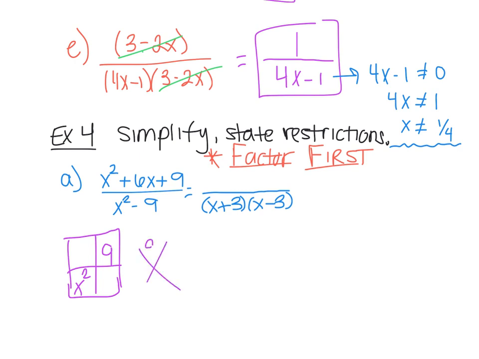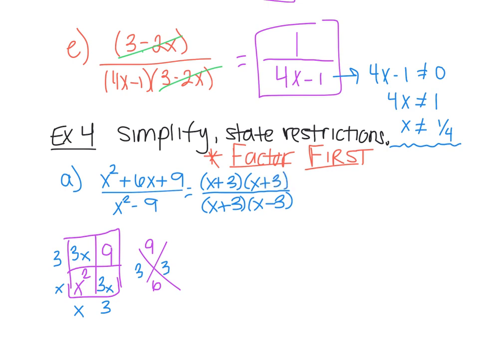The two numbers I'm looking for multiply to 9 and add to 6, and that would be 3 and 3, because 3 times 3 is 9, and 3 plus 3 is 6. So when I'm filling in my area model, it'll be 3x here and 3x here, which means this factors to x times x here plus 3 and plus 3. So this actually is, going back up to our problem, x plus 3 times x plus 3.